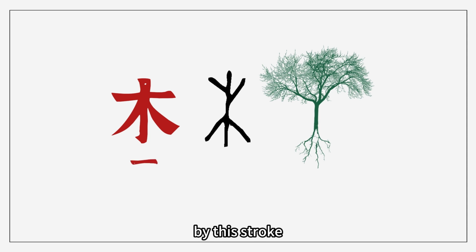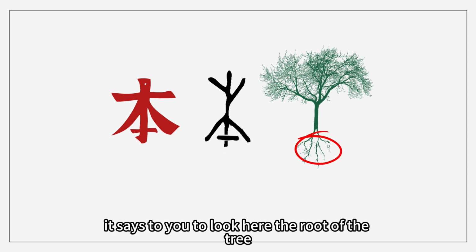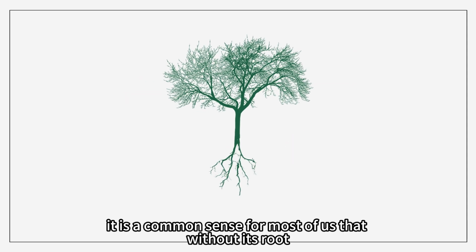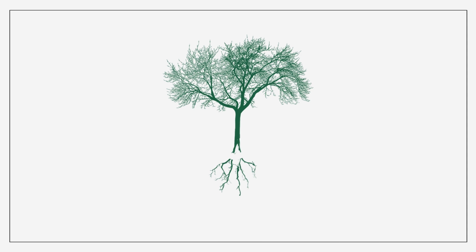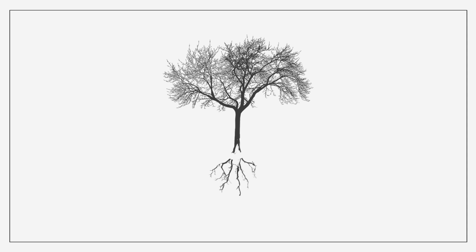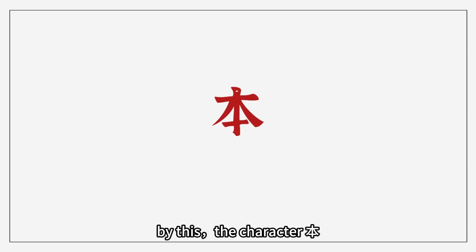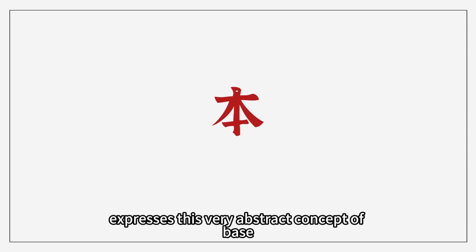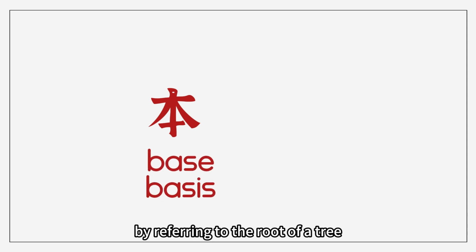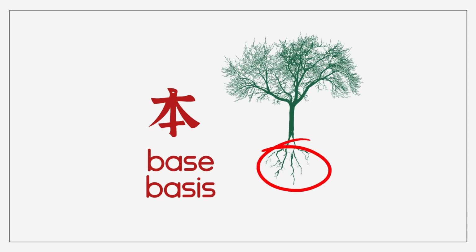By this stroke, it says to you to look here, the root of the tree. It is a common sense for most of us that without its root, a tree would die since it can't get nutrition from the earth. By this, the character 本 expresses this very abstract concept of base by referring to the root of a tree.